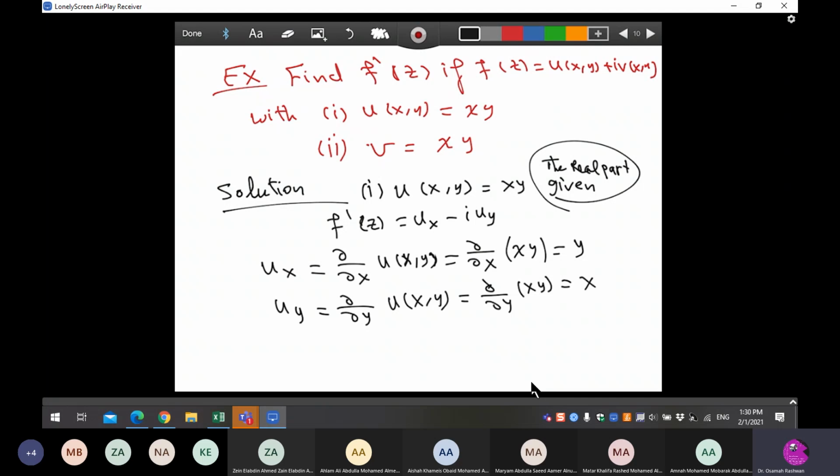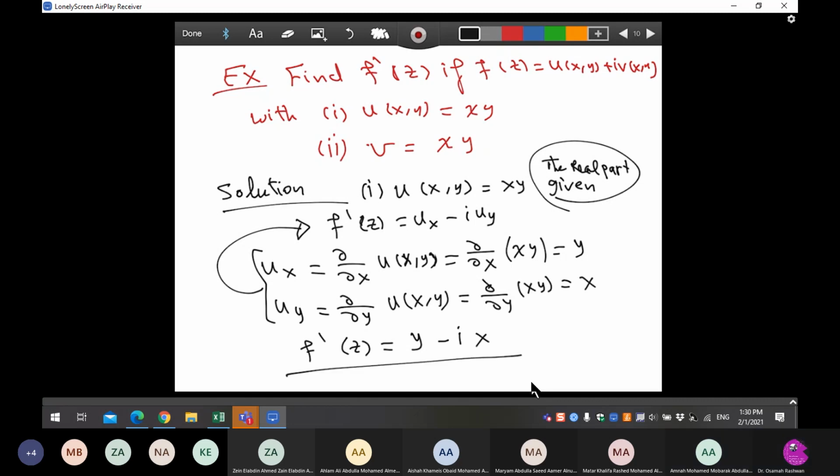Now I'm just going to replace all of this, so f dash of z equals y minus ix.